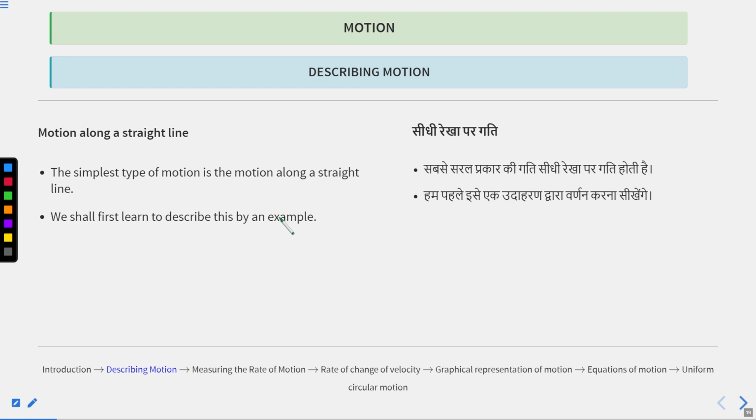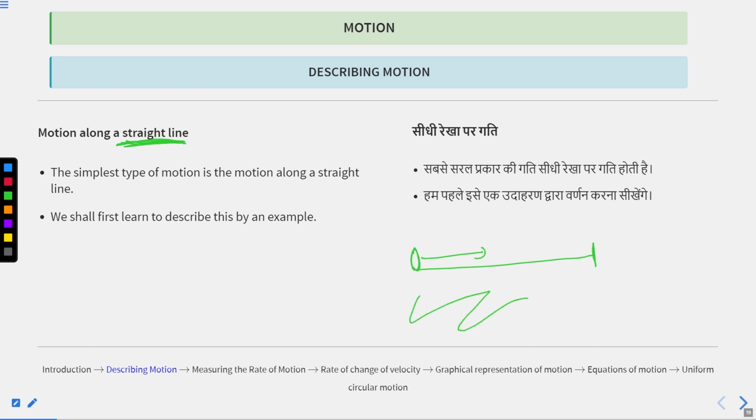Now we start our chapter, motion along a straight line. Motion in a straight line is the simplest type of motion, because we will mostly say that a particle is moving in a straight line and calculate the distance. Straight line is very easy.